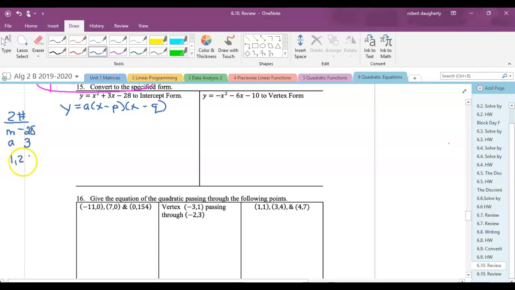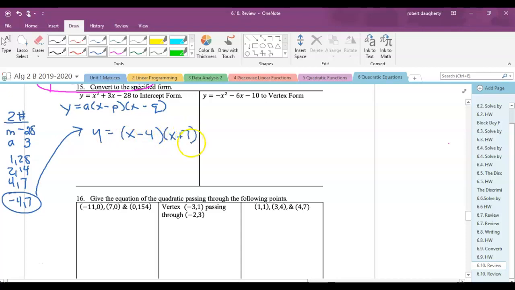The factors of 28, I can write them all down here, and 4 times 7. The only way I can get a 3 out of that is to have a negative 4 and a positive 7. So that tells me I can write this as y equals (x minus 4)(x plus 7). And that is in intercept form.